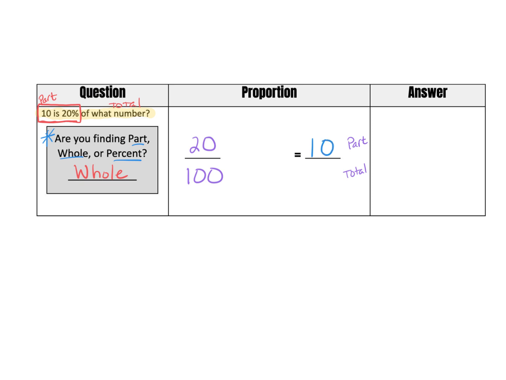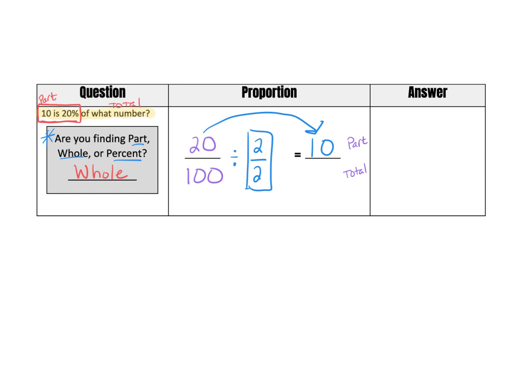Can you see a relationship that would bring you from 20 to 10? If so, go ahead and use your big one. What would we divide 20 by to get 10? We would divide by 2. So our big one is 2 over 2.